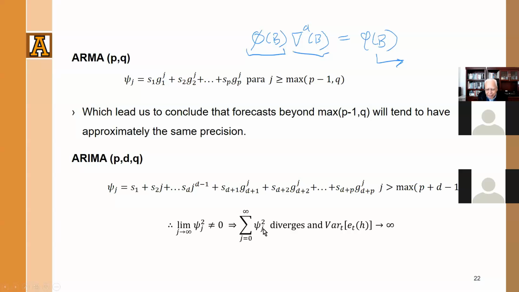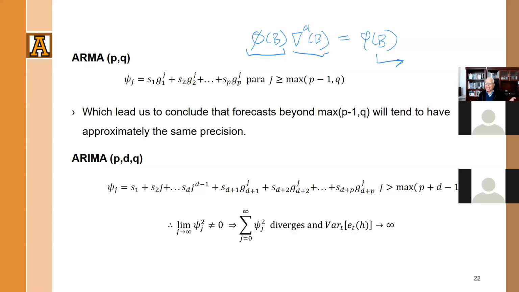Since this polynomial no longer has its roots outside the unit circle, the sum of the squares of psi sub j will not converge, because this is not stationary. Since this sum diverges, the variance of the forecast error h periods ahead will tend to infinity. So in this case, the confidence intervals will always be increasing.